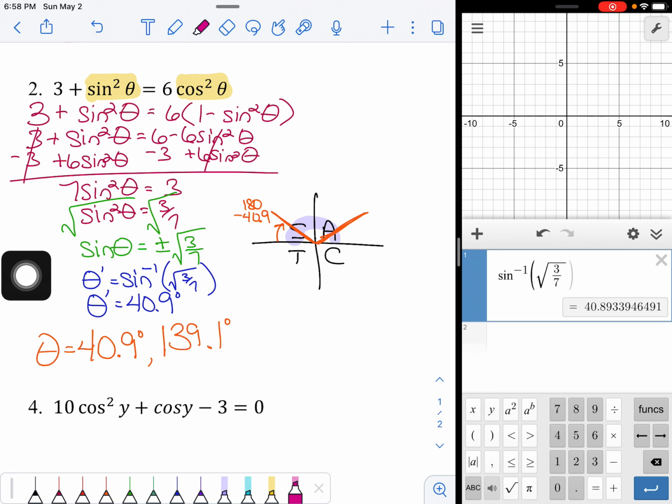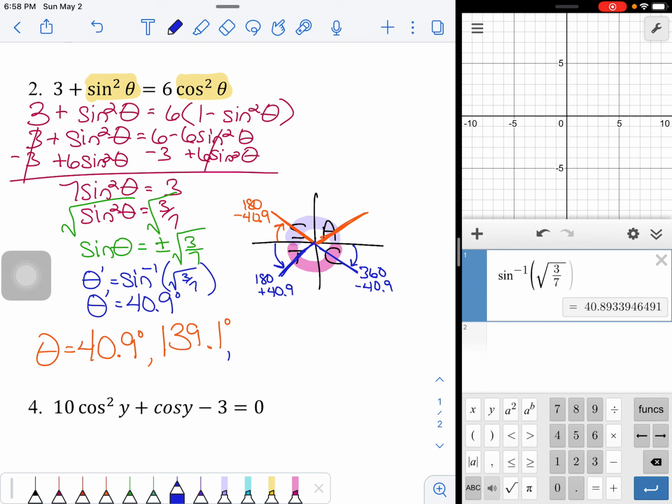Well, sine is negative in quadrant 3 and quadrant 4. In quadrant 3, we're going to take 180 plus the reference angle, right? We want to push off the x-axis, that reference angle further. And then in quadrant 4, we want to pull back from a 360 by the reference angle.